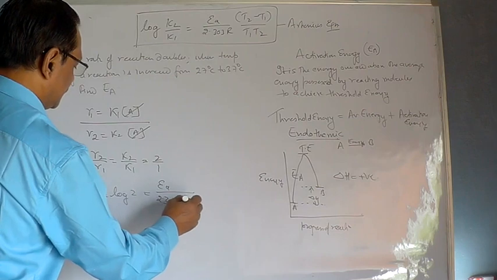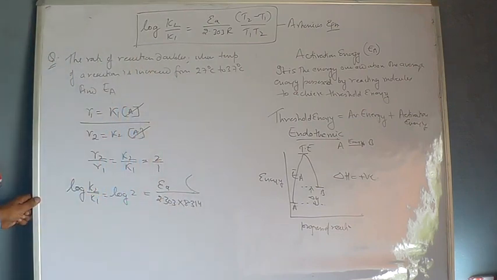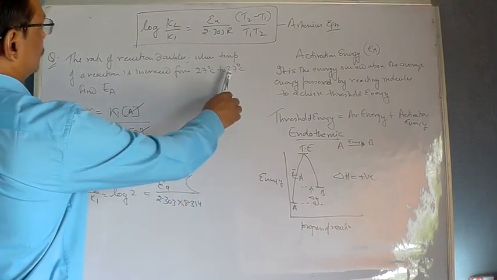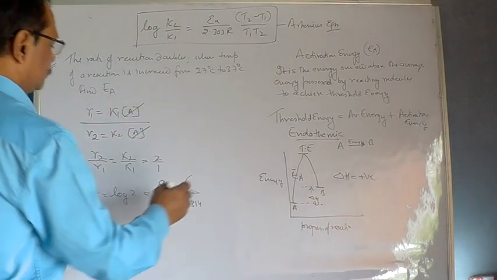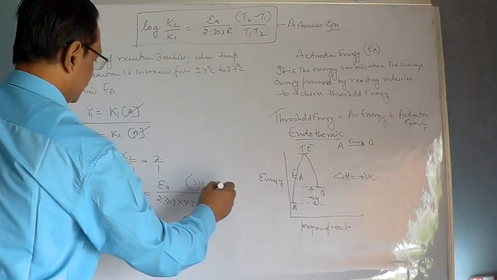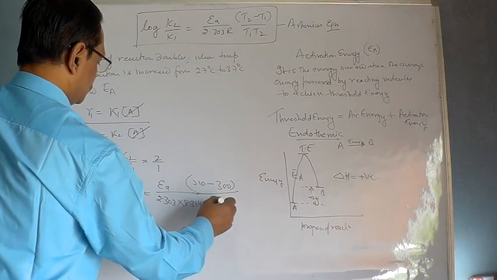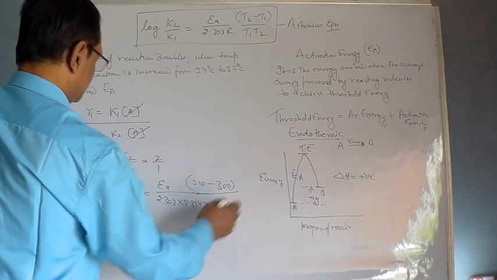Ea over 2.303 multiplied by 8.314, then temperature T2 is 273 plus 37, that gives you 310, minus 27, that gives you 300, multiplied by 310 multiplied by 300.